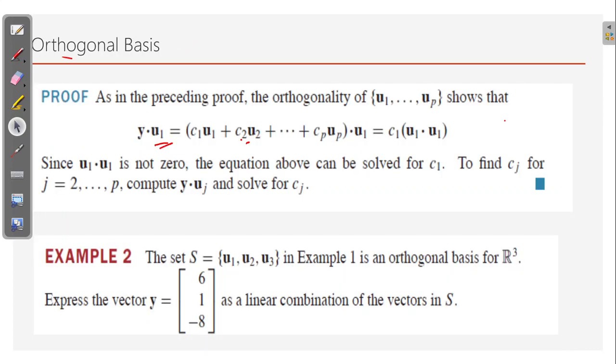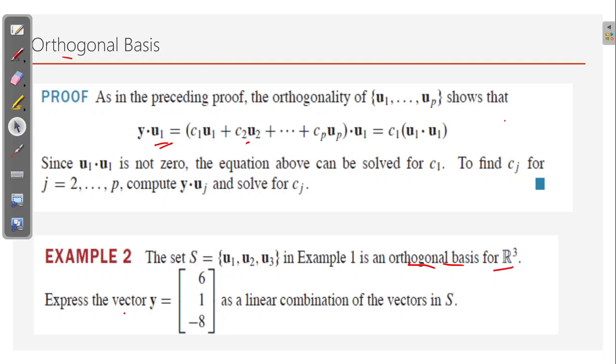Now we will explain this by an example. Set S equal to u1, u2, u3 in example 1 is an orthogonal basis, which we have already proved, forming an orthogonal basis for R3.